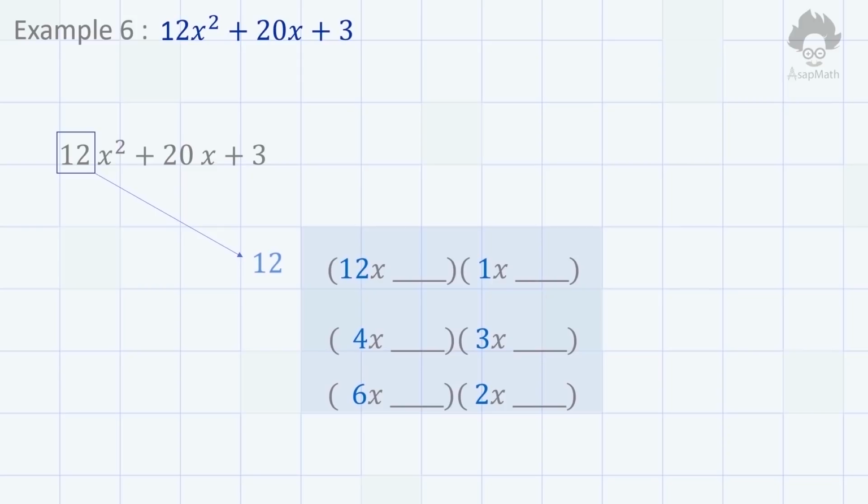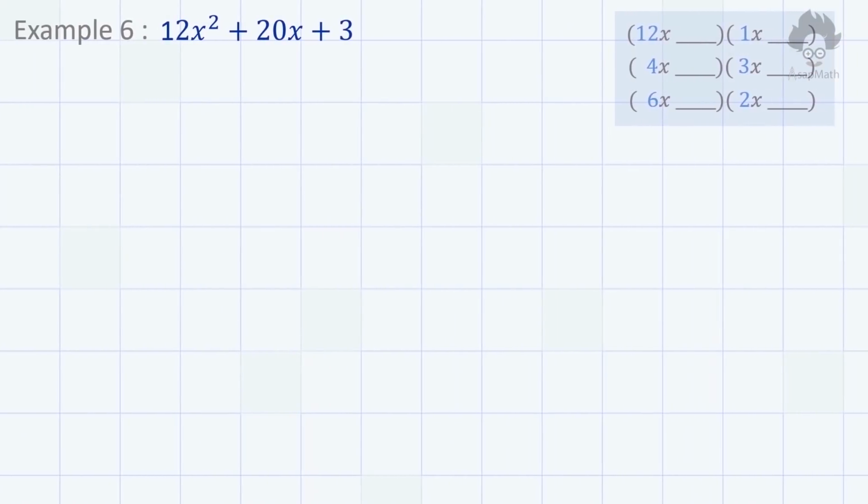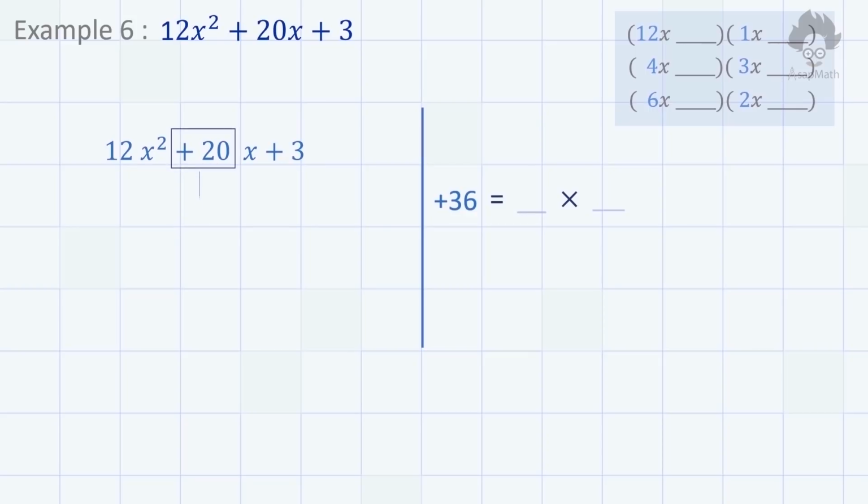So we should know which method to select. The possible 3 methods are shown on the right top corner. We can identify the 2 factors by following the previously discussed steps. The two factors are 18 and 2.